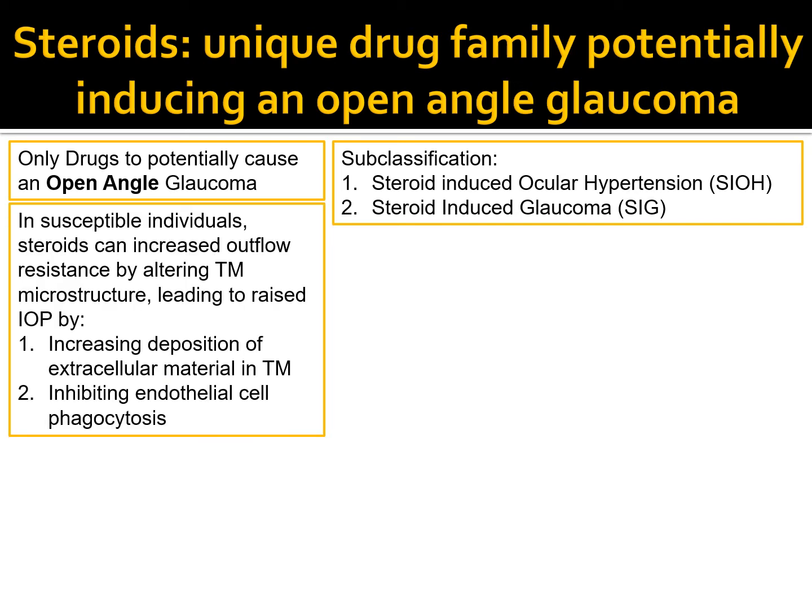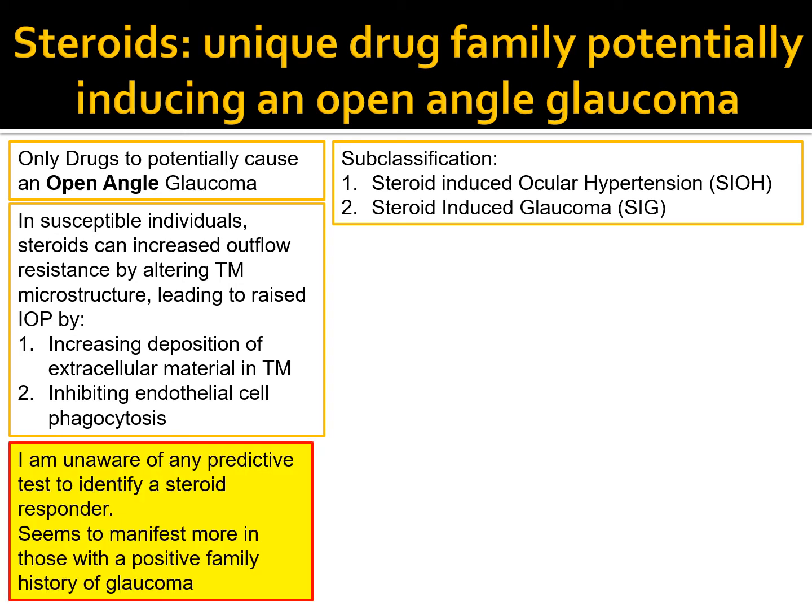So with steroids, again, with susceptible individuals, they increase TM resistance. So it increases deposition of extracellular material in the TM and inhibits endothelial cell phagocytosis. So again, the pressure starts going up. I am unaware of any predictive test to identify a steroid responder.